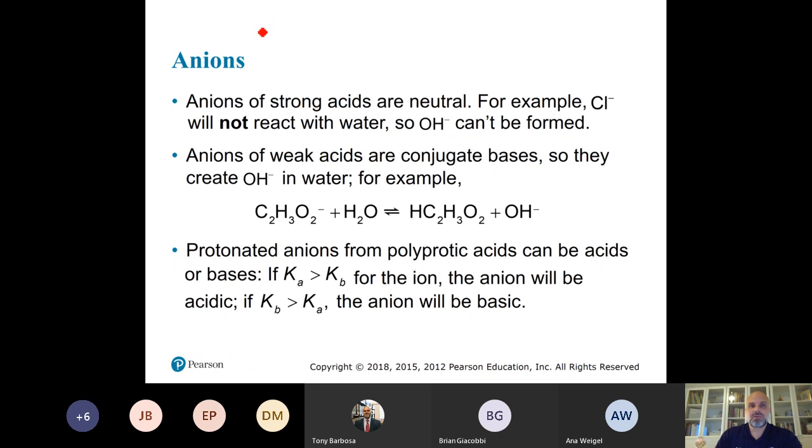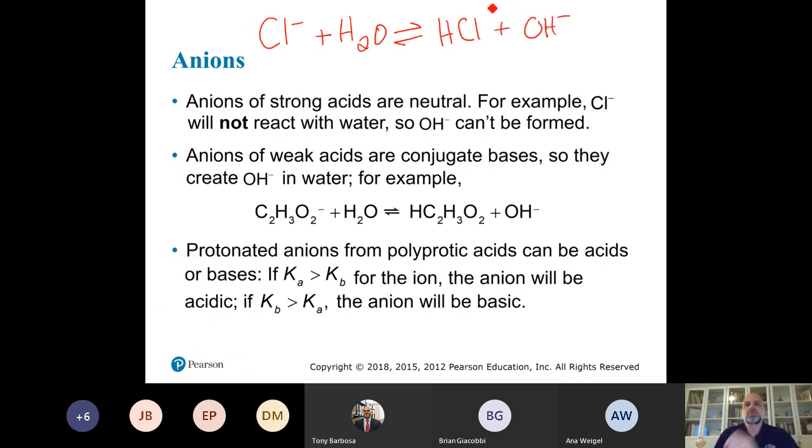But if we have a chloride ion, Cl-, and we try to react that with water and you're looking for an equilibrium to occur, if there was a reaction to occur, you would expect that this would form HCl plus hydroxide ions.